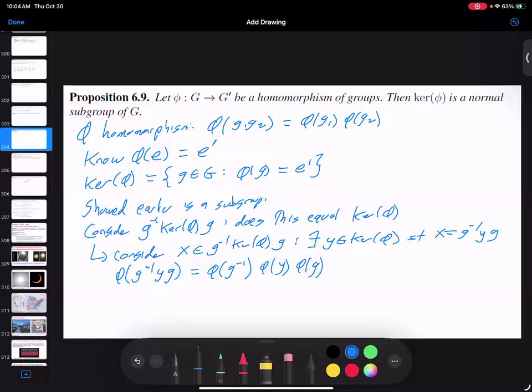You would just prove it by induction. So by induction, phi of g1 through gn is phi of g1 through phi of gn. What do we know about phi of y?